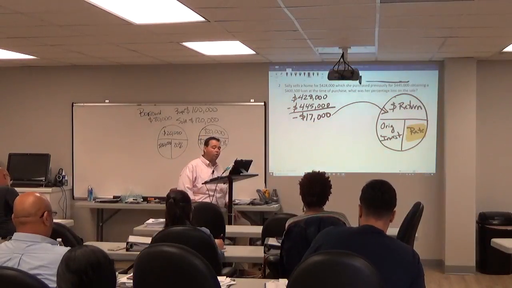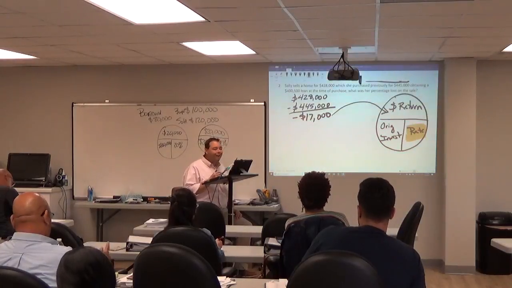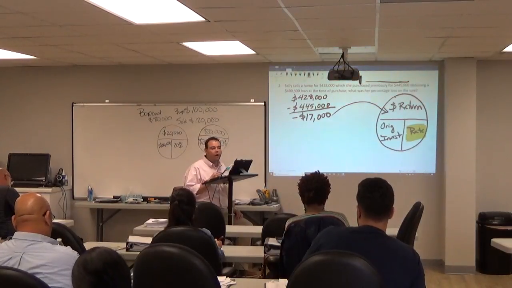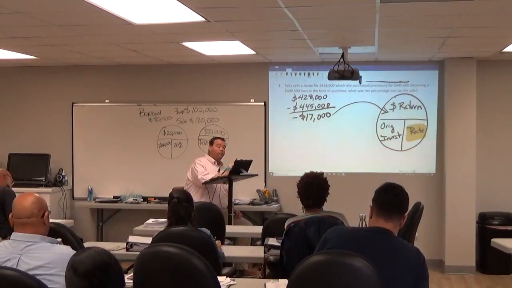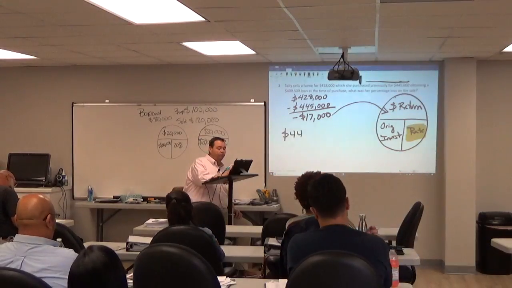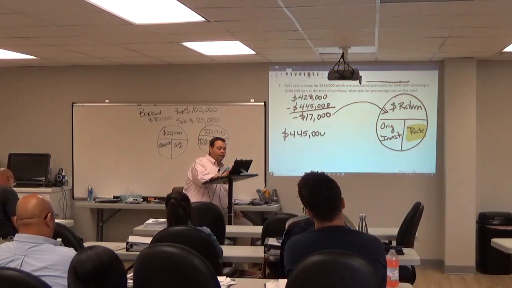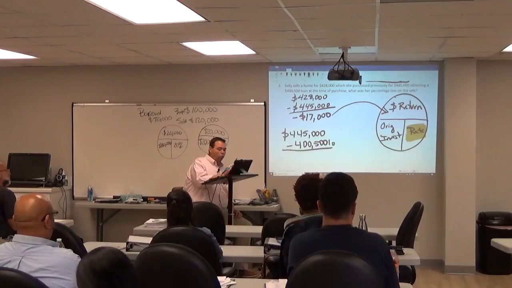It's just a loss. Our original investment is not what we paid for the property. Our original investment is our down payment. So to figure that out, we take what we paid for the property, $445,000, minus the $400,500 loan.